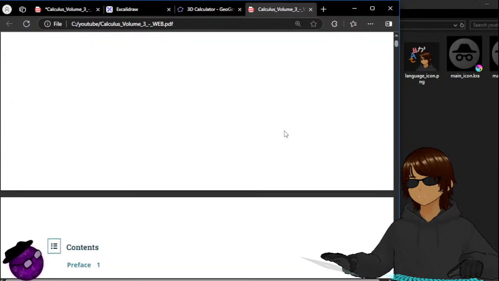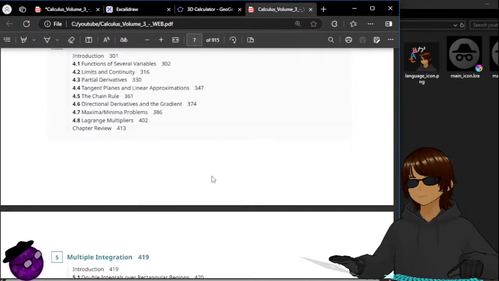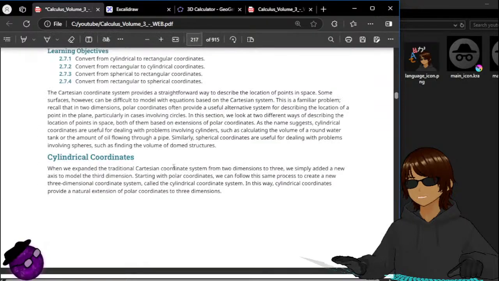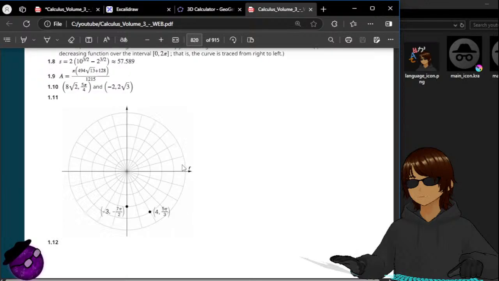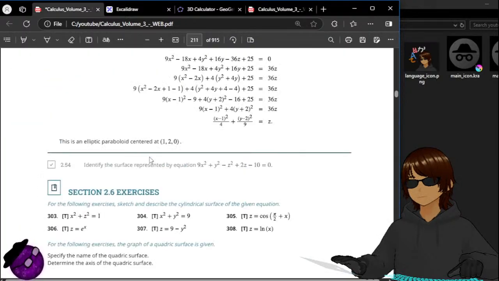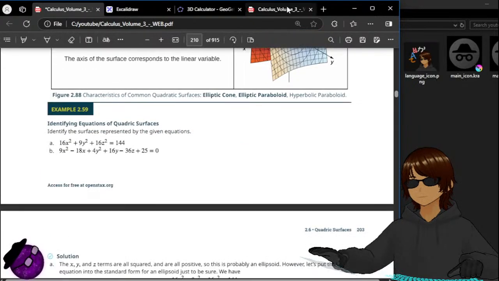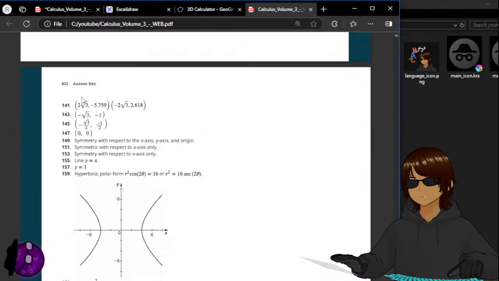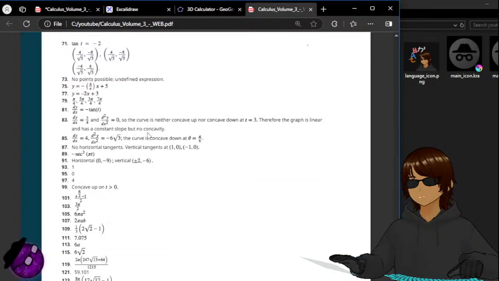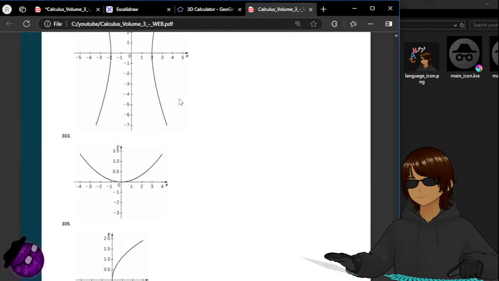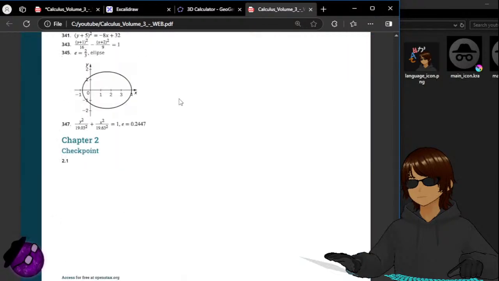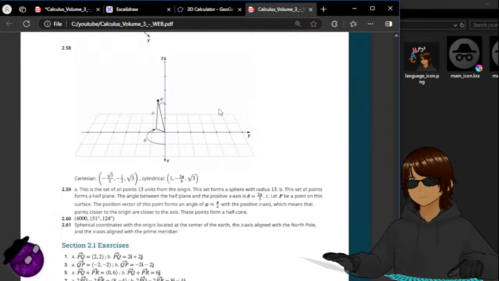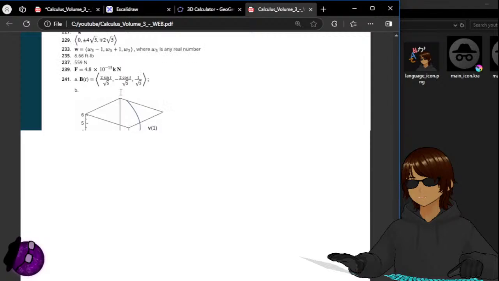And what is this? 2.6, right? So we have 2.1, 2.3.